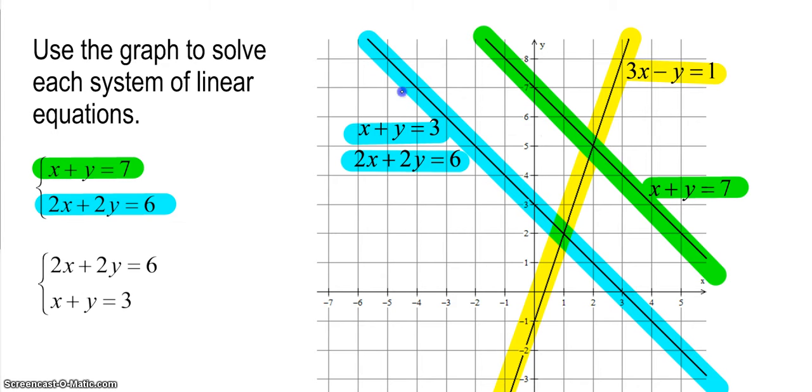Well, the blue line and the green line appear to never intersect. How can we tell that they're never going to intersect? Well, if I look at this as an incline, to get from one point to the next point on the incline, I go up 1 and left 1, up 1 and left 1.